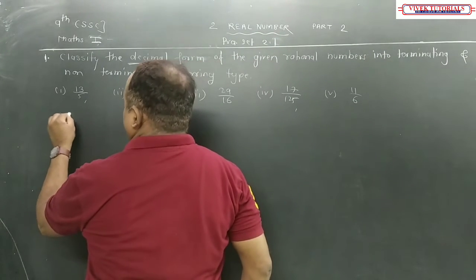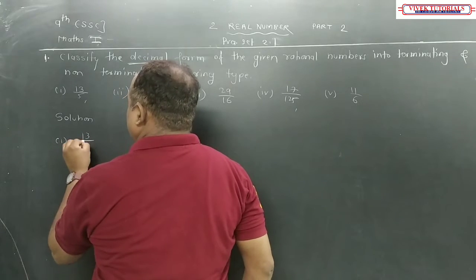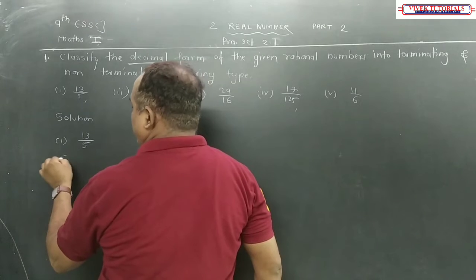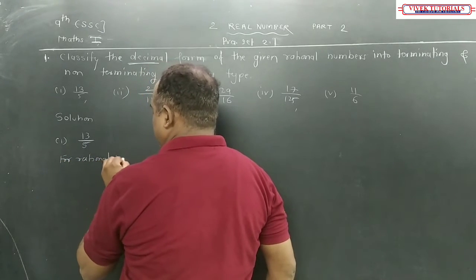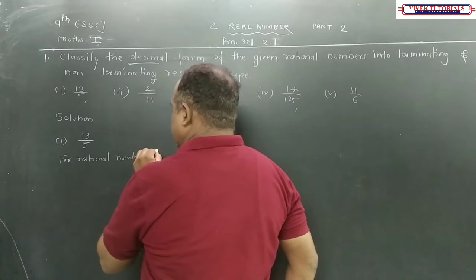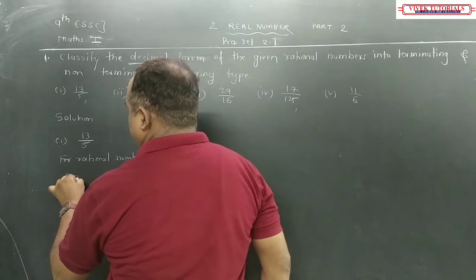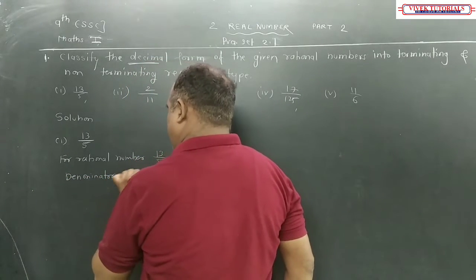Now solution for first question, 13/5. For rational number 13/5, denominator is equal to 5.